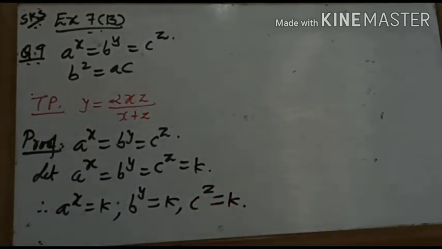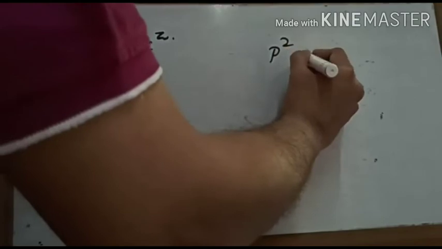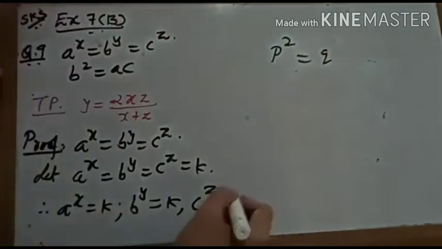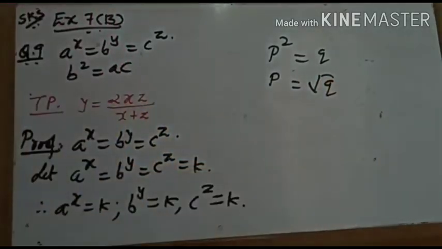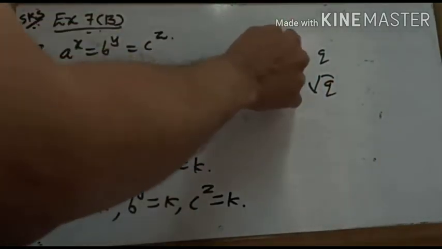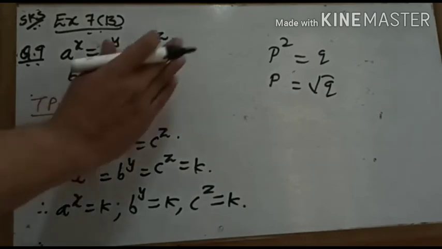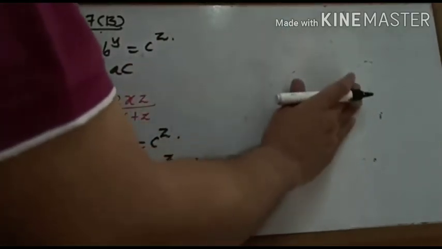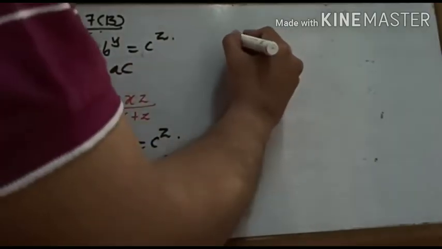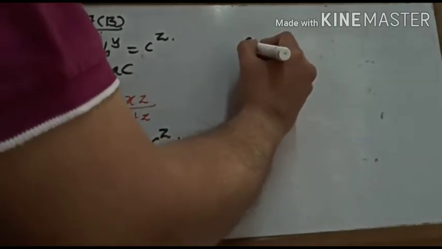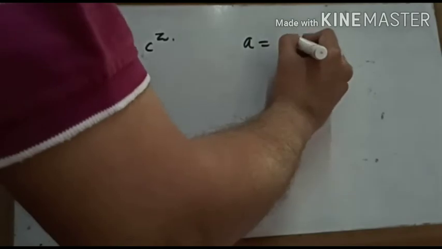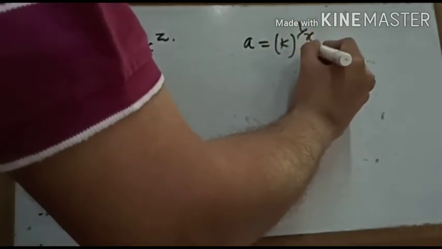Now if you know that if I am having p square is equal to say q, then I can take square root. So p will be equal to under square root q. That means if some power is there, I can take that particular root of that particular number, and root will be taken on both the sides. So in this case I am taking xth root. So a is equal to k raised to 1 upon x.